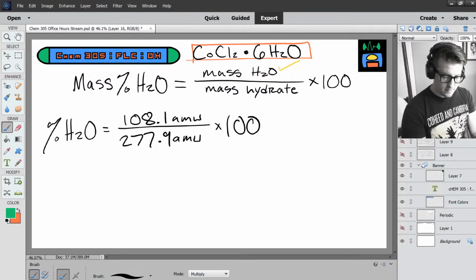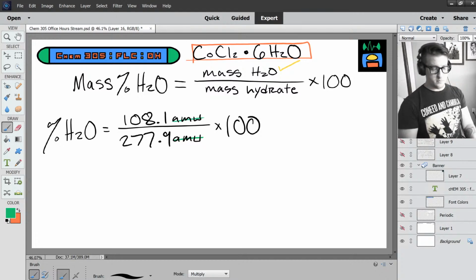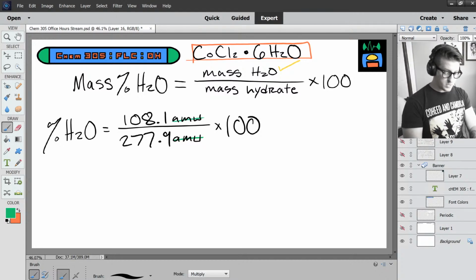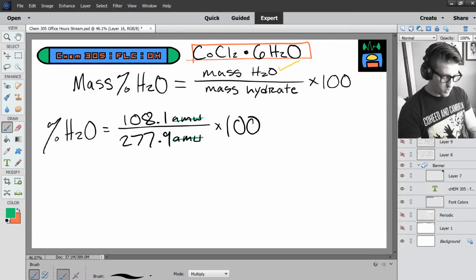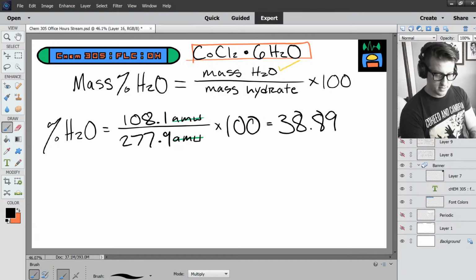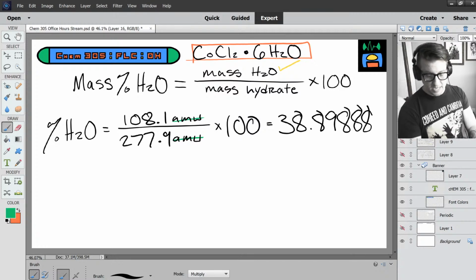You'll notice that our mass units cancel, which is good because we're calculating a percentage. Percent doesn't have units. 108.1 divided by 277.9 times 100. The value that I'm getting is 38.89888.